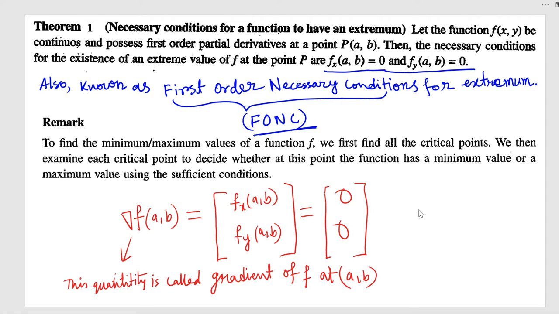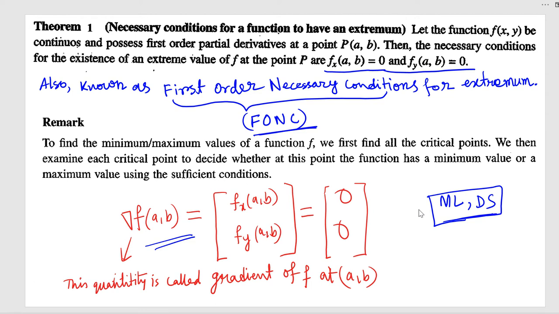In fact, when you study machine learning or data science, they will start with these conditions because it is all about optimization, finding the maximum or minimum. So this is the first order necessary condition: the gradient should be zero.